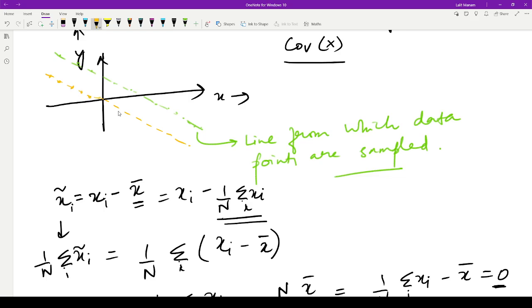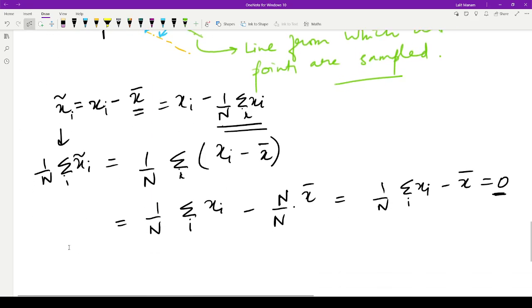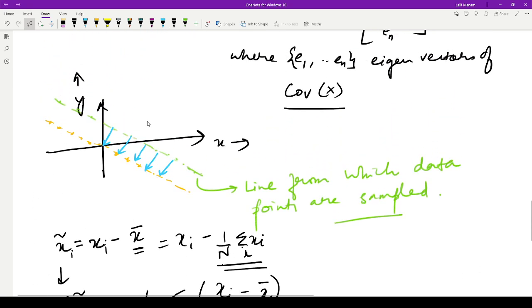Everyone agrees with that. All these points will be shifted like this. Everyone agrees? Yes? No? Okay. Pure silence.